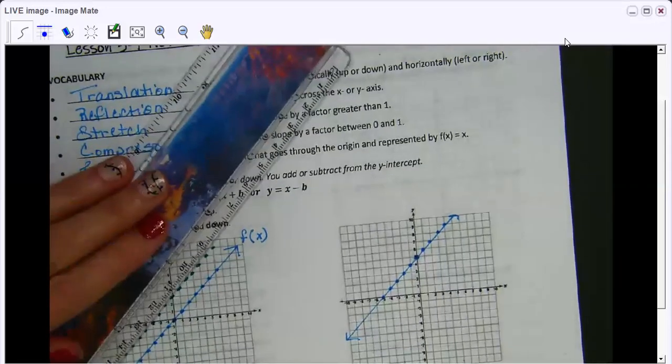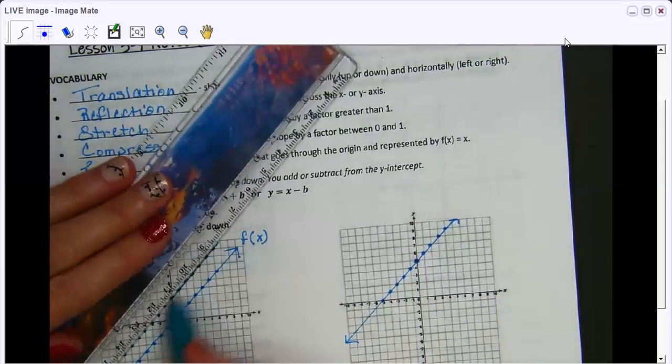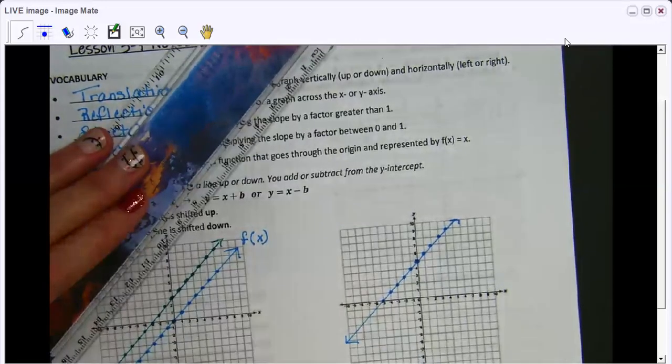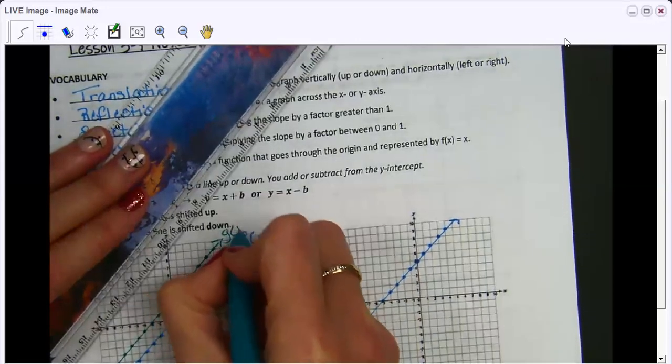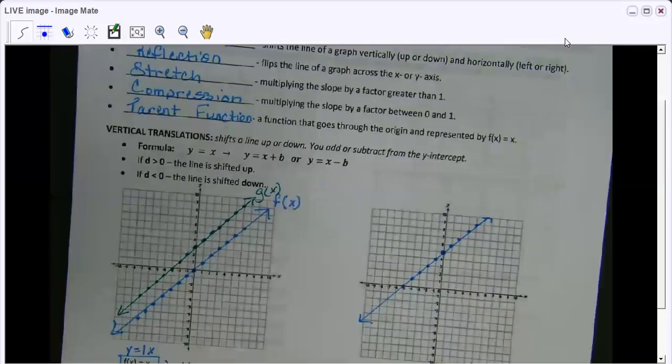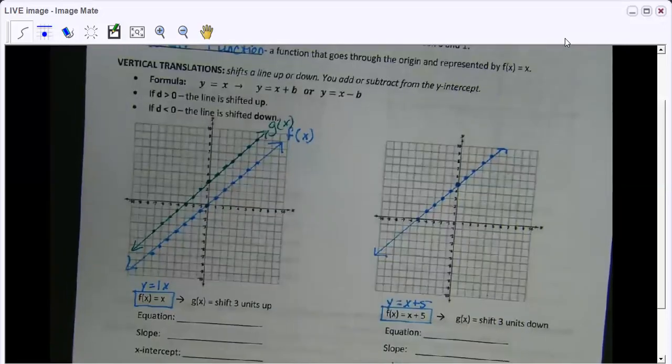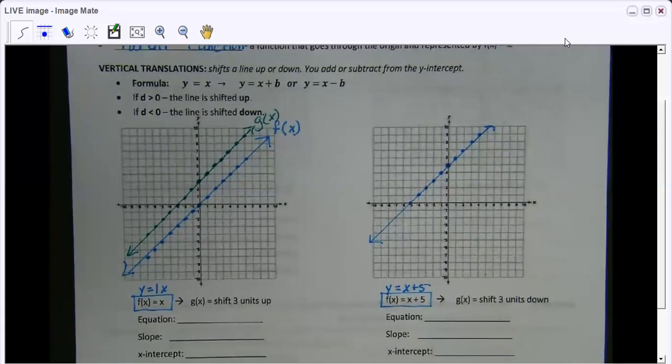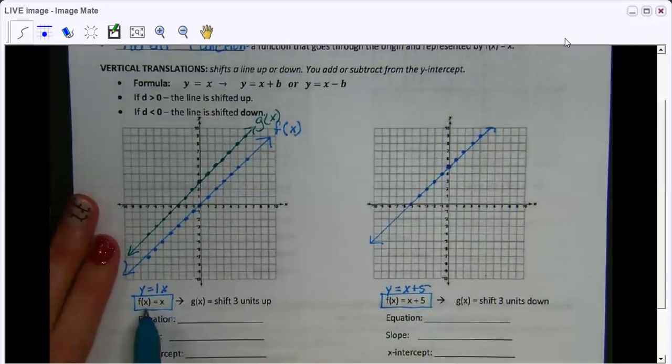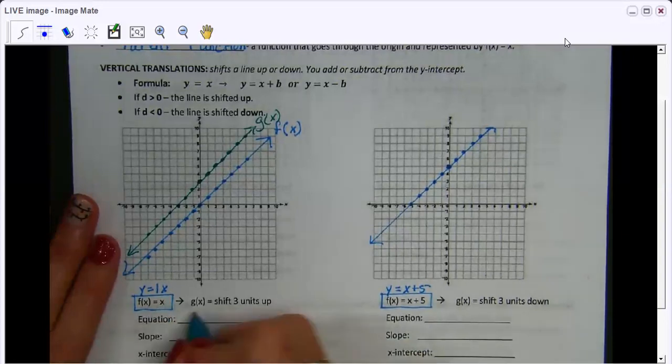Okay. And then we can draw that line and label this g of x. Once you do that, we need to describe what is happening. So our new equation is no longer x, but it is g of x equals x plus 3.